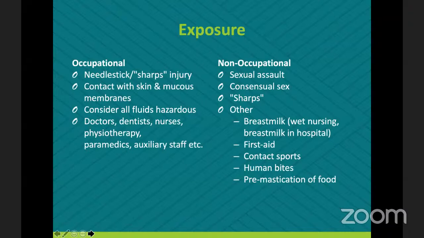People can get sharps injuries, whether that's IV drug users or children that might get pricked on a needle or whatever it may be. People can transmit HIV through breast milk, and there are stories where a mother may leave their children in the care of a family member, and that family member decides to wet nurse the child for whatever reason, and then they can expose the child to HIV.